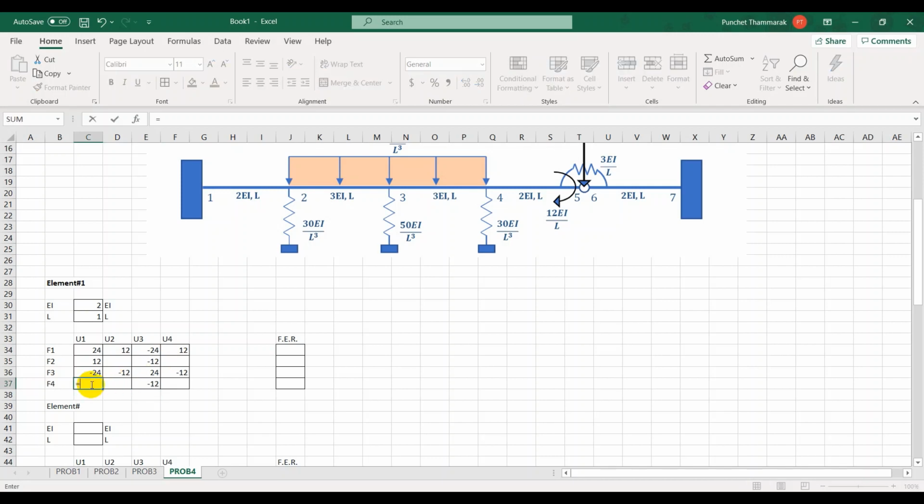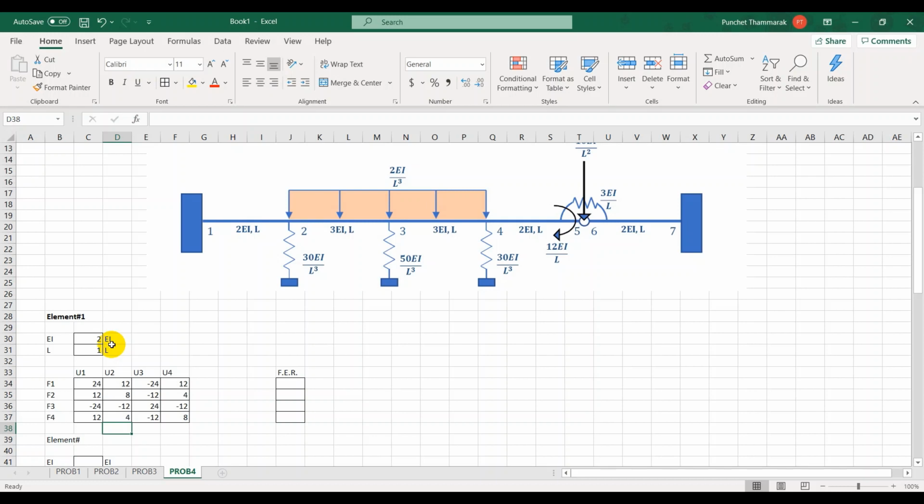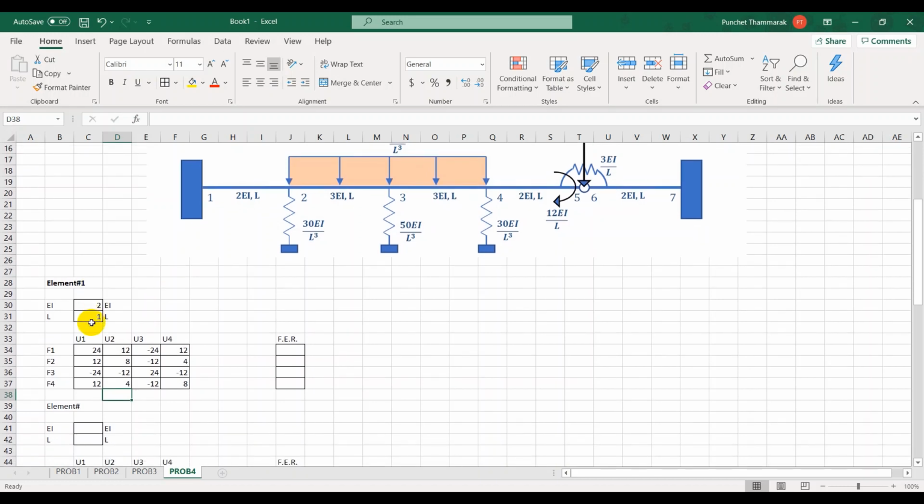And this is 6 EI. Over here, 4 EI over L. And here is 4 EI over L. Here is 2 EI over L. And the last one is there. Okay, now we're done with element number 1.